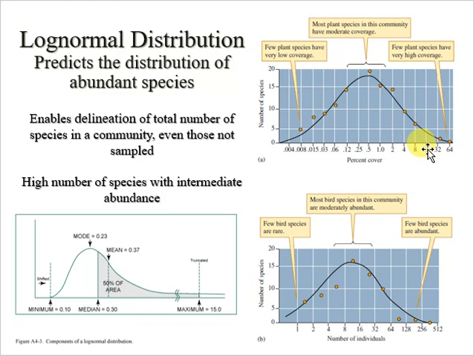And part of that was a result of the central limit theorem. So what this means simply is that, again, abundance distribution is log normal.